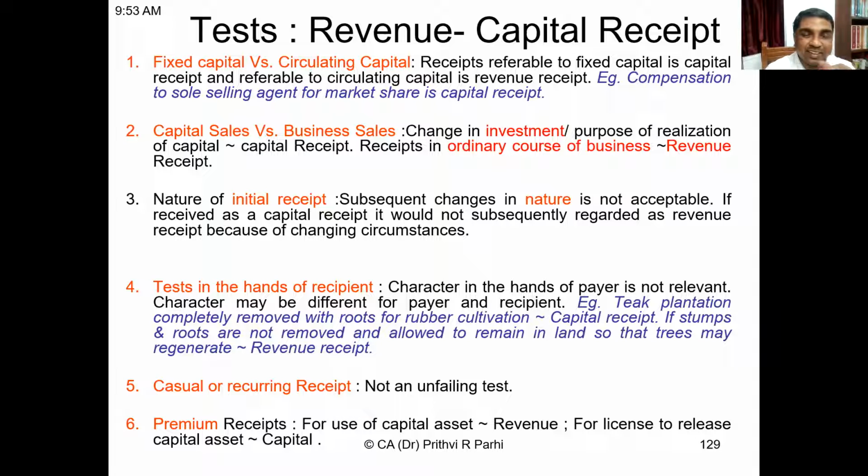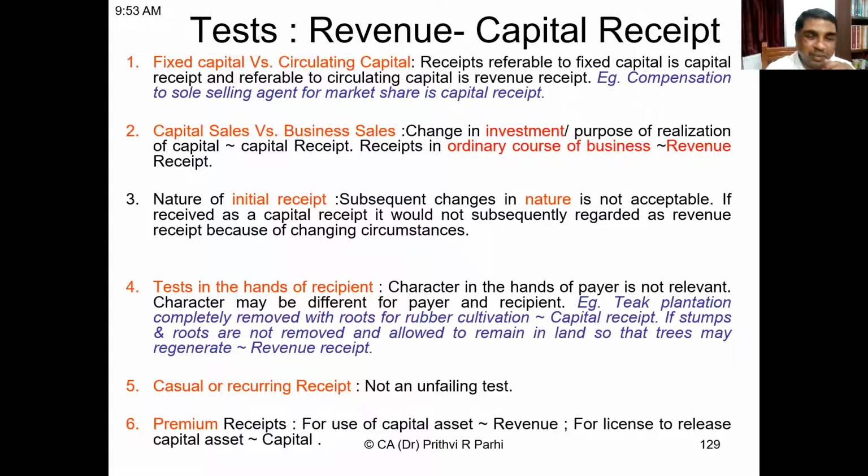Some people say that revenue receipts are normally recurring in nature. I receive salary, which is recurring, so it is a revenue receipt and an income. Not necessary. For example, lottery. Lottery is a casual receipt, but it will be treated as income. Of course, it is treated as income because it is specifically included.